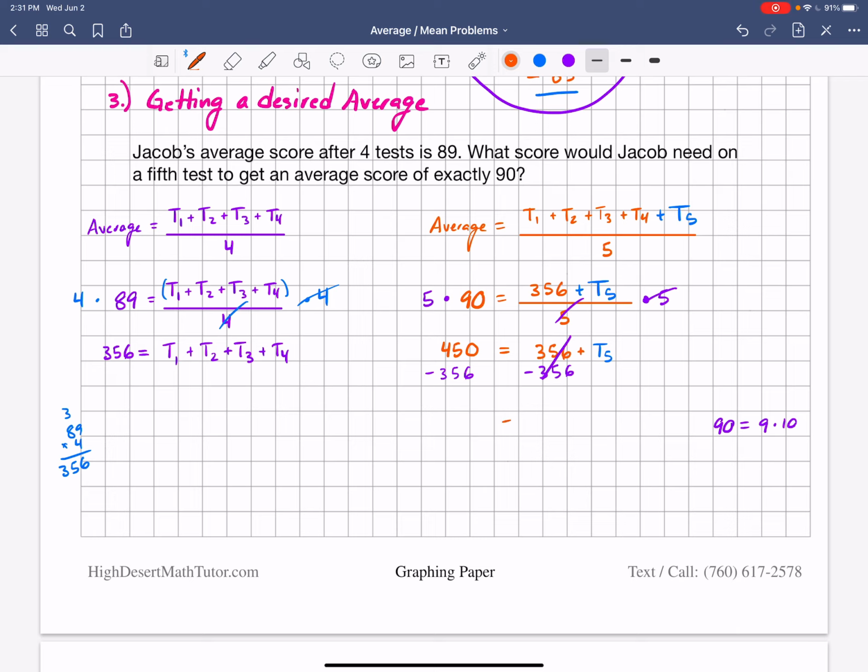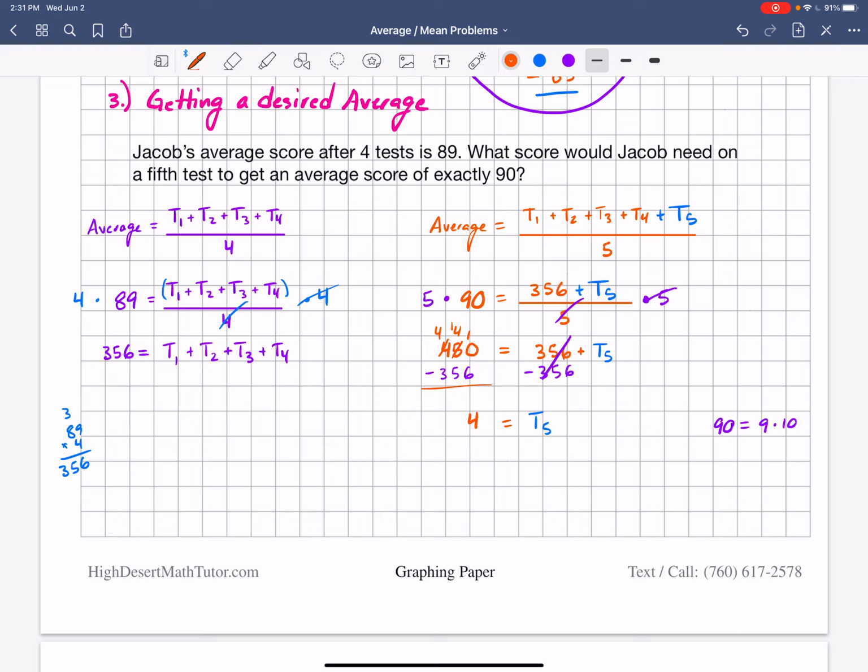And what we get is our fifth test score is going to be 0 minus 6. We can't take 6 away from 0, so we have to borrow from this 5. That becomes a 4, and this becomes a 10. So 10 minus 6 is 4. Now we have 4 minus 5. We can't take 5 away from 4, so we have to borrow from this 4 and make this 14.